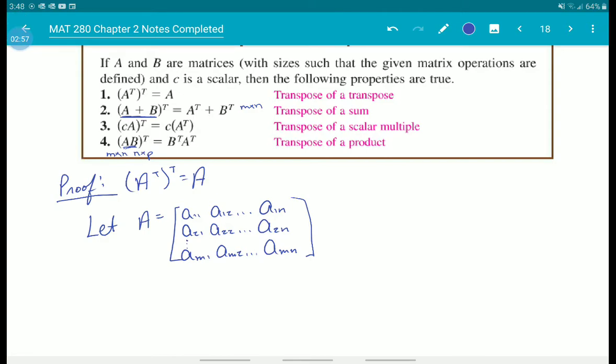So if we were to take the transpose of that matrix, it's going to invert those rows and columns.